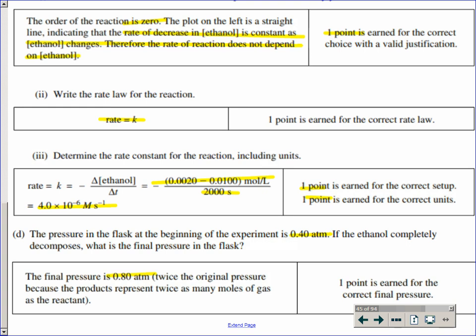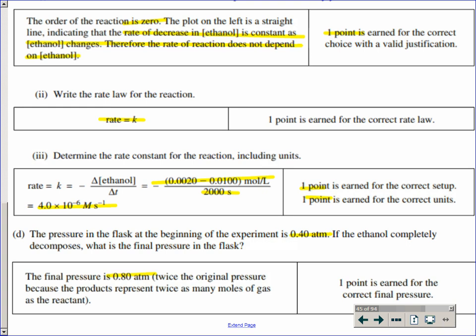The k value itself will not be negative, ever. Okay, so you need to note that for yourself. The slope can be negative. You guys picking up what I'm putting down? But the k value will not be negative. Okay, so despite the fact that ethanol is decreasing in concentration over time, and there's a negative out front to indicate that, we will not express the k value itself as negative.